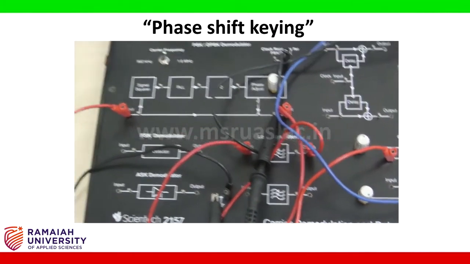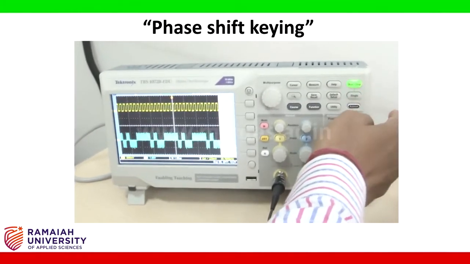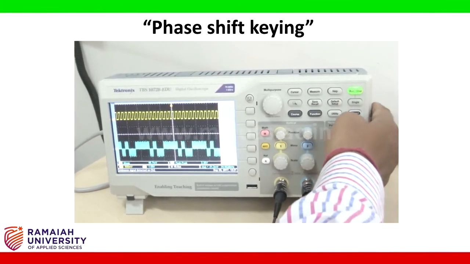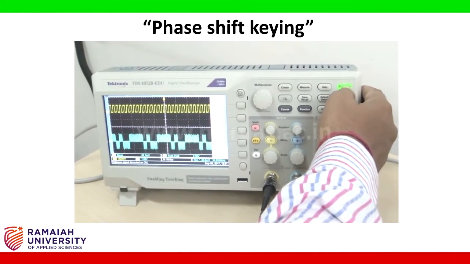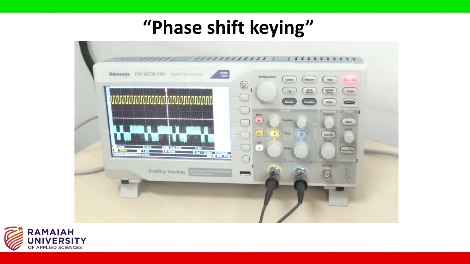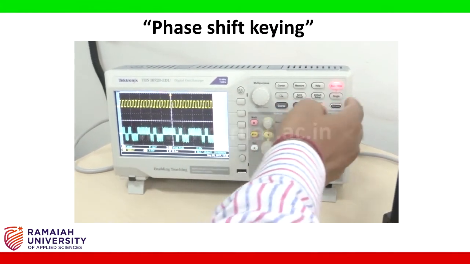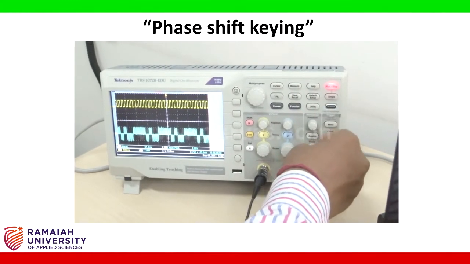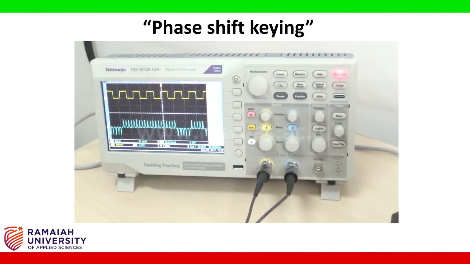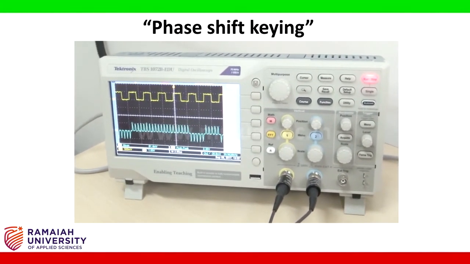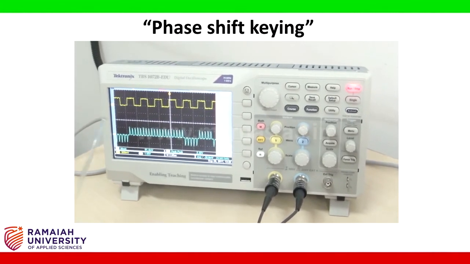Now observe the waveform by pressing the auto set as well as the run and stop button. By changing the scale you can observe in detail. Yeah, this is what we can see, the spikes of positive as well as negative according to the data format.